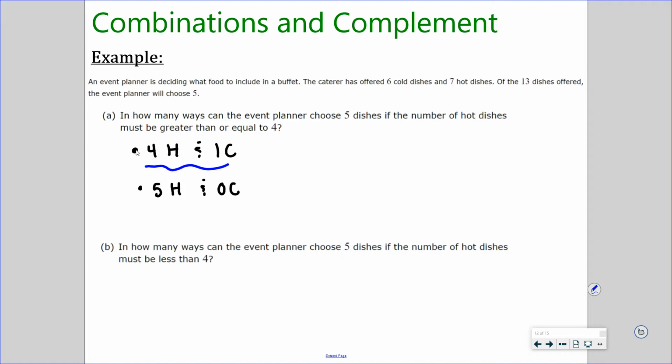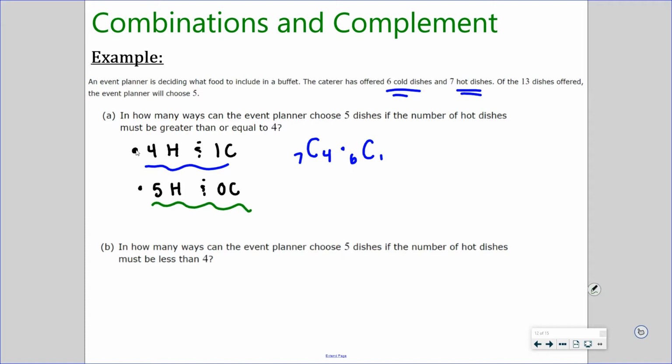So we have 7 hot dishes offered, and we get to choose 4. And so I'd multiply that by the number of ways I could choose 1 cold dish. So I have 6 cold dishes, and I'm going to choose 1. Okay, so there's that first one.